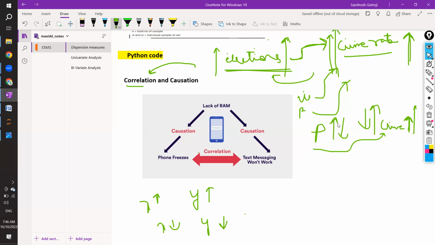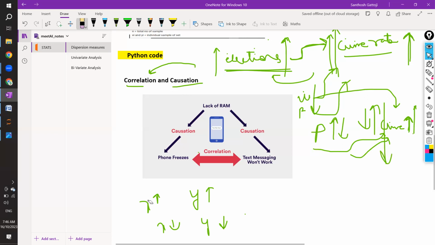So there is a different kind of relation. That means here it is causation. The poverty will cause the crime, but you cannot say there is an exact relation existing. Same thing, illiteracy might cause the crime, but if illiteracy decreases, you cannot say crime rate completely decreases, because very literate people might also commit crimes.